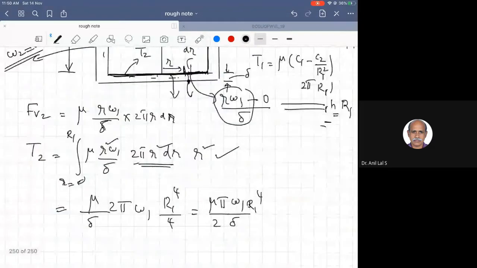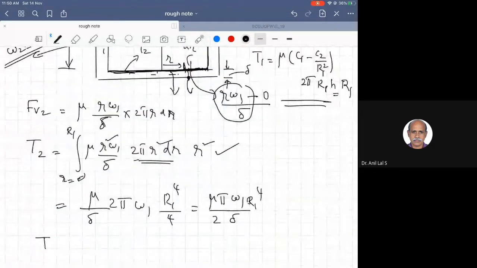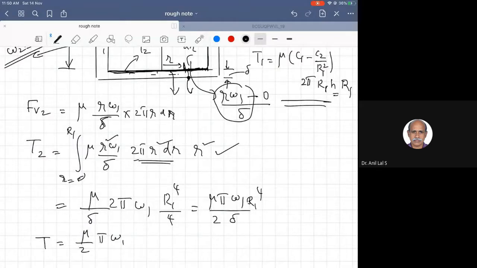So we have the total torque. The total torque T is equal to mu pi omega 1 R1 to the fourth by 2 delta, plus mu into (C1 minus C2 by R1 squared) into 2 pi R1 into R1 squared H.